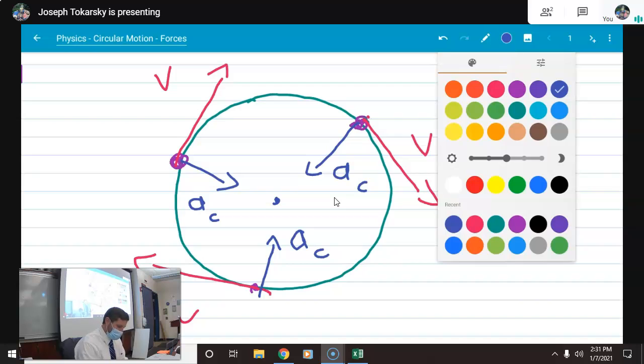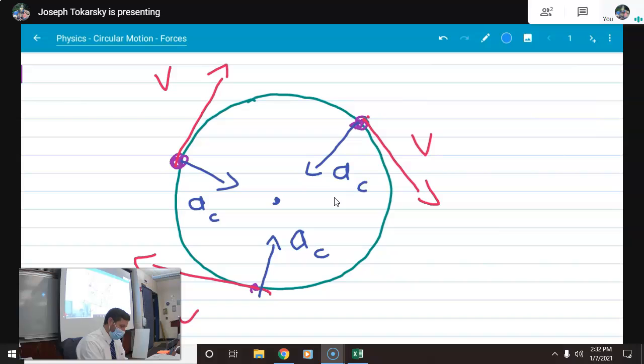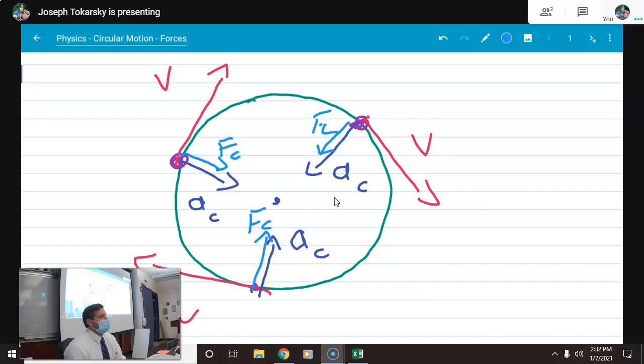This might get a little messy looking, but I'm going to overlap this acceleration vector with the force vector, or put it right by it. Also pointing towards the center: centripetal force. At any given moment, it's also pointing towards the center. The overall force always has to be in the direction of the acceleration.